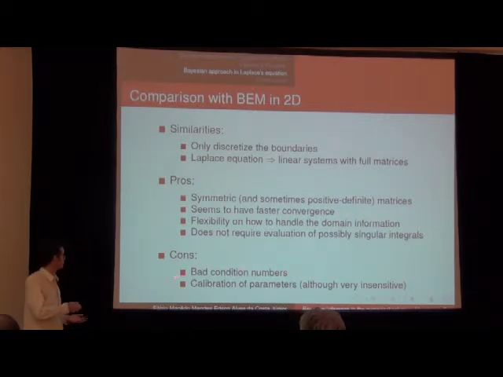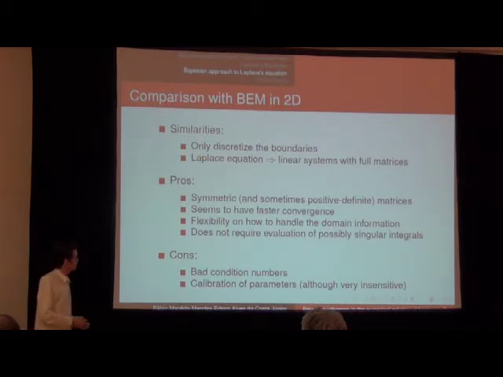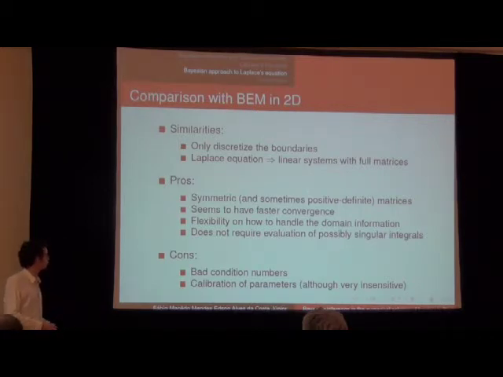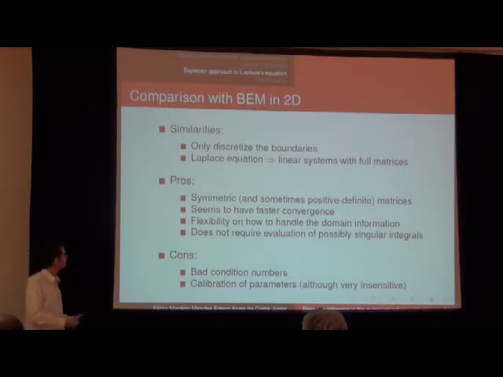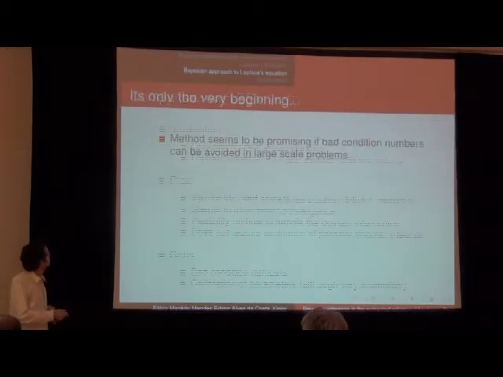But the really bad thing is that usually you get really bad condition numbers, especially when you are very close to the solution. The condition number of these matrices grows very rapidly. For complex problems, this means that sometimes you cannot solve, because you do not have a stable numerical solution for the system of matrices.